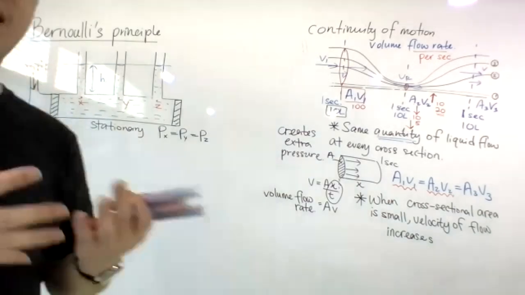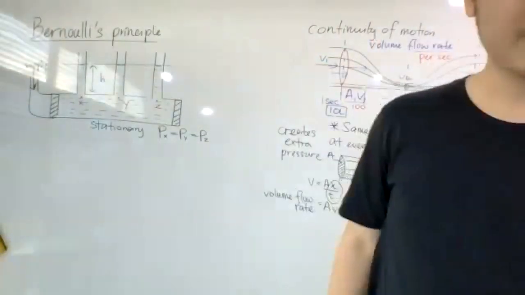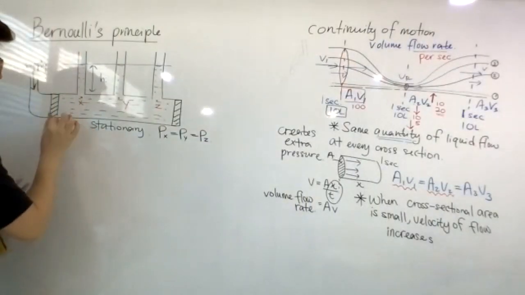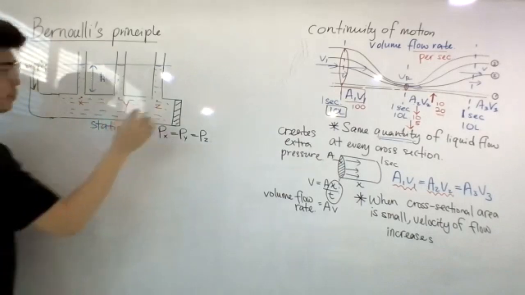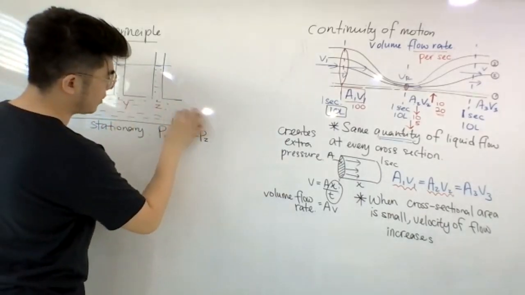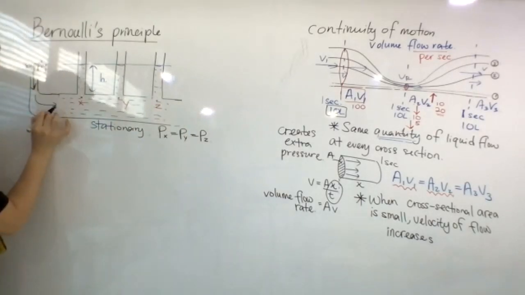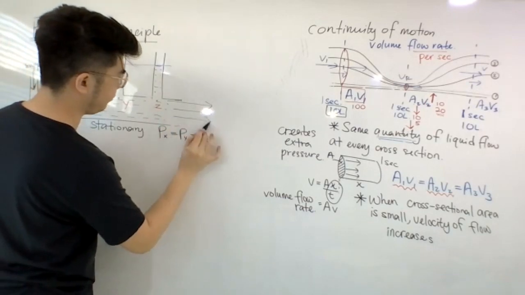Okay, this one is supply. I put a supply of water here. Now, let's say I remove the valve. When I remove the valve, then the water will start flowing from here down, and then water will continue to flow in this direction.